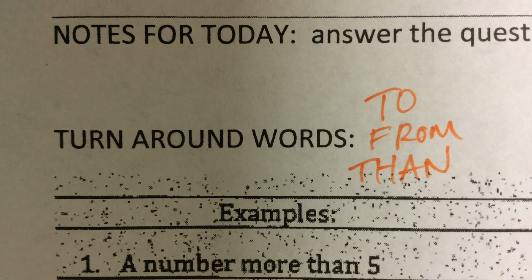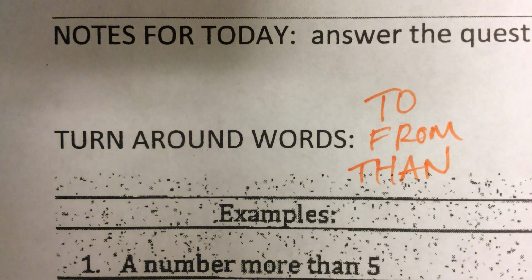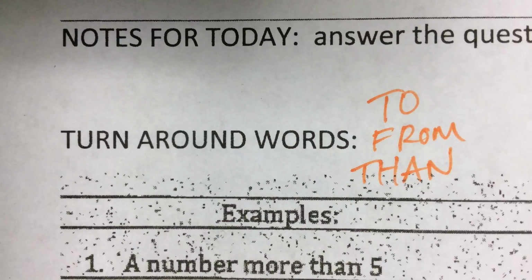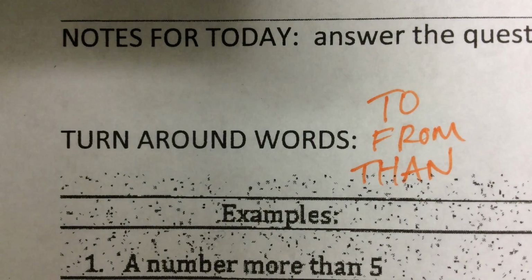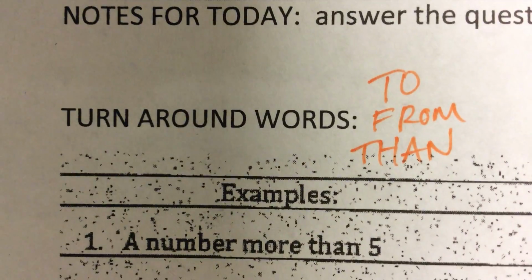Okay. Anytime you see these 3 words, that means that we are turning the order of the letters, the variables and the numbers in the expression or the equation. Let's look at a couple of examples.